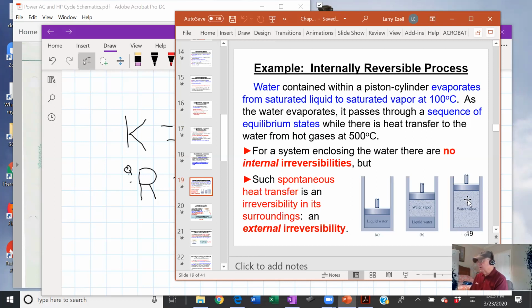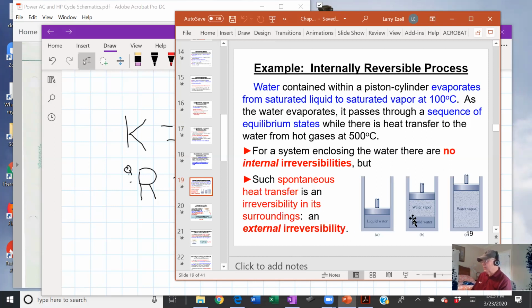We said there's no friction, no leakage, but outside there would be irreversibilities because we have to add heat to get this water to evaporate. And some heat is going to be conducted out through the walls of that cylinder. And that is externally irreversible.